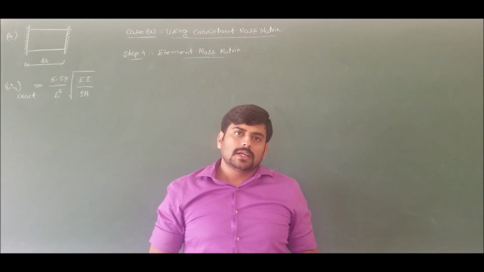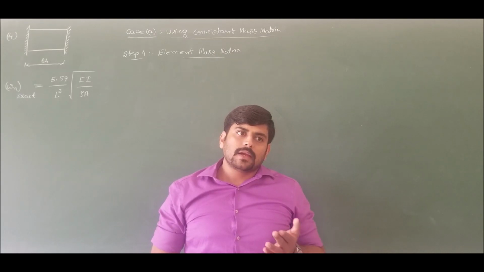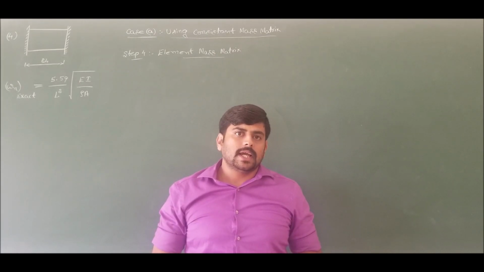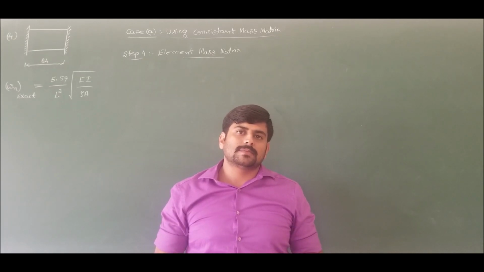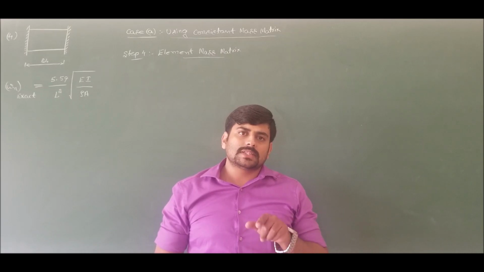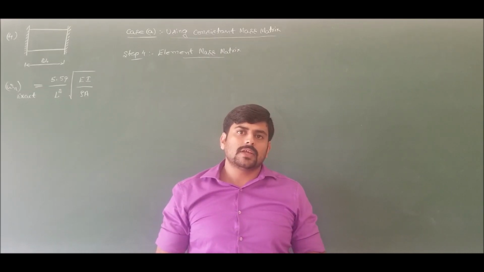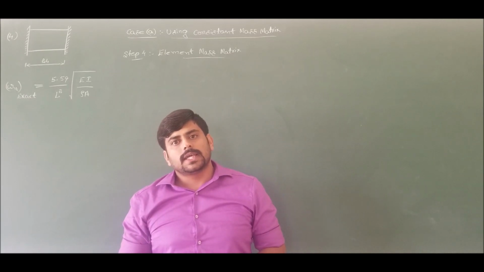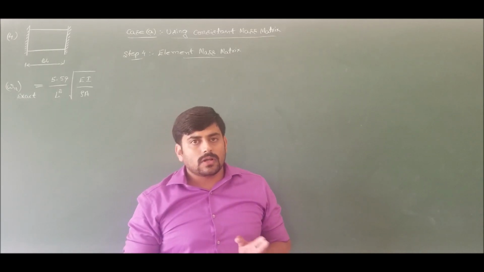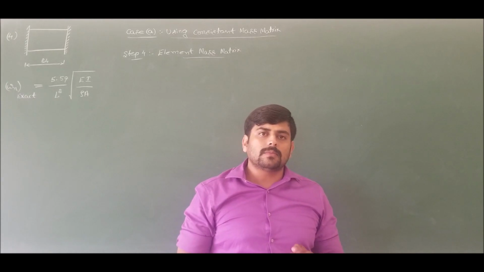That is, calculating the natural frequency using the consistent mass matrix in case A, and in case B calculating the fundamental natural frequency using the lumped mass matrix. For both cases the global stiffness matrix remains the same, so step 3 is the same for both case A and case B. Coming to step 4 onwards, the problem deviates.